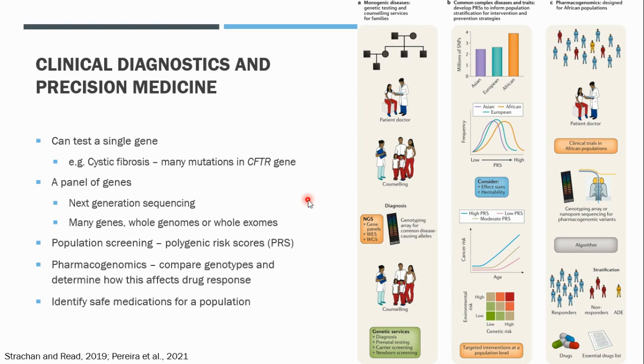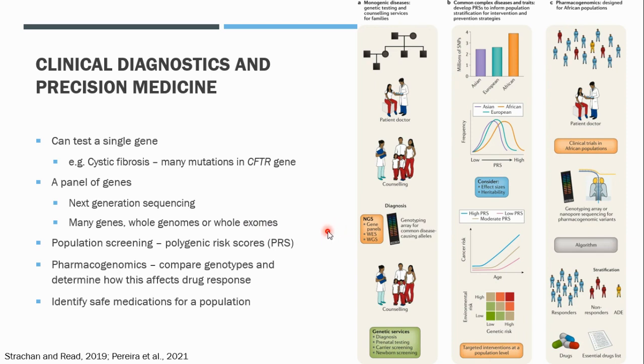Panels of genes can also be tested. And now, using next generation sequencing, we can look at multiple different genetic loci, and we can screen for common disease-causing alleles in a population. We can also sequence whole genomes or whole exomes.